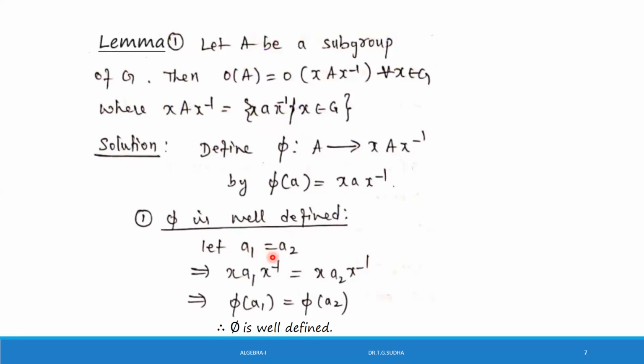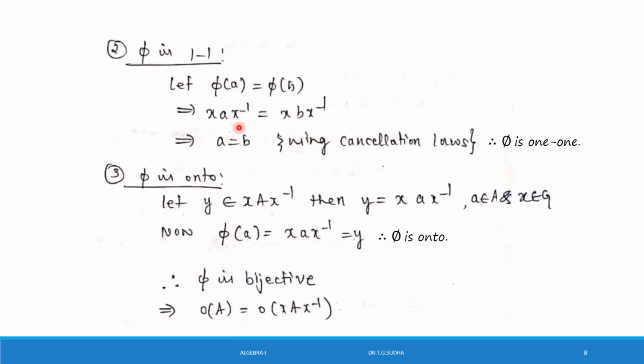That is, if we take two elements that are equal, that is a1 is equal to a2, we can operate X from the left side and X inverse from the right side, and we get Xa1X inverse is equal to Xa2X inverse. By the definition of phi, Xa1X inverse is phi of a1 and Xa2X inverse is phi of a2. Therefore, phi is well defined.